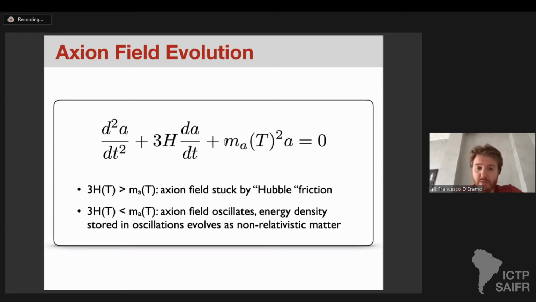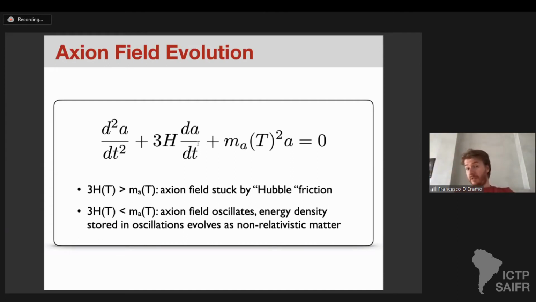So you will see that the axion undergoes harmonic oscillations, but these harmonic oscillations, of course, are damped because there is still the friction term that acts as a damping force. And the result is that these damped axion oscillations have an energy density associated with them that is decreasing with time. It's decreasing because the energy is getting damped. So the axion amplitude is getting reduced by this friction force.